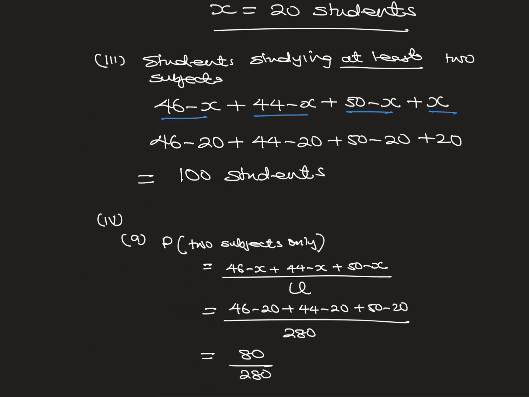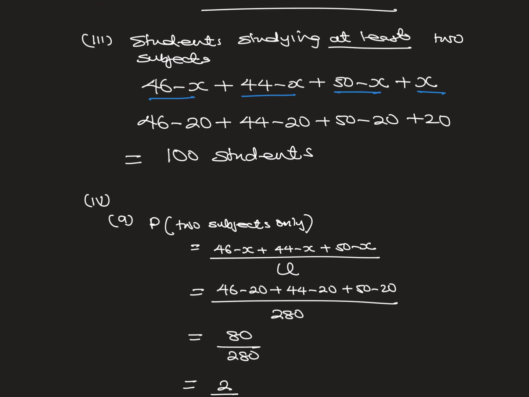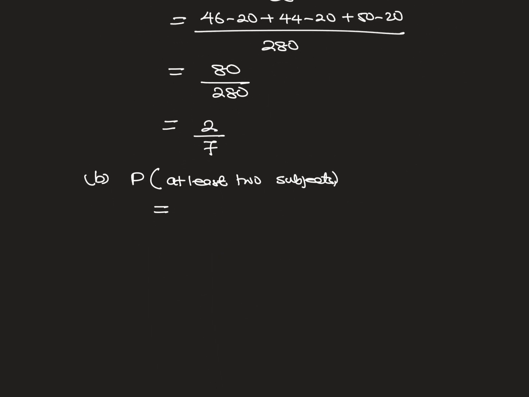And we got an answer for that. That was 100 students, right? So 100 students study at least 2 subjects. So to find that probability, that will be 100 over 280. So if you do the simplification, you will have 5 over 14.